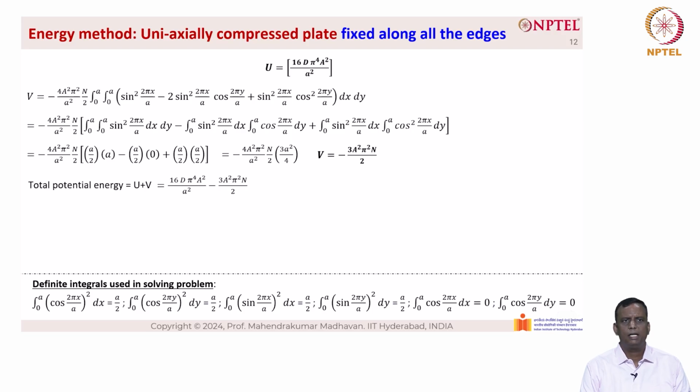So, the total potential energy is given as U plus V. We have 16 d pi power 4 by a square divided by a square minus 3 a square pi square n by 2.